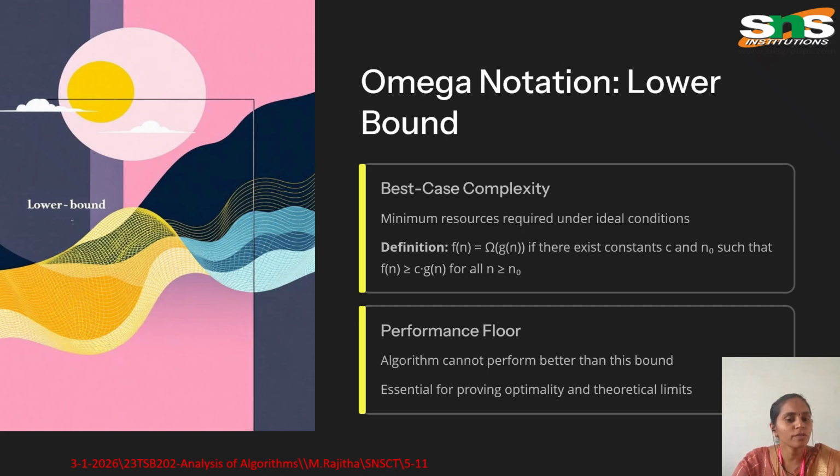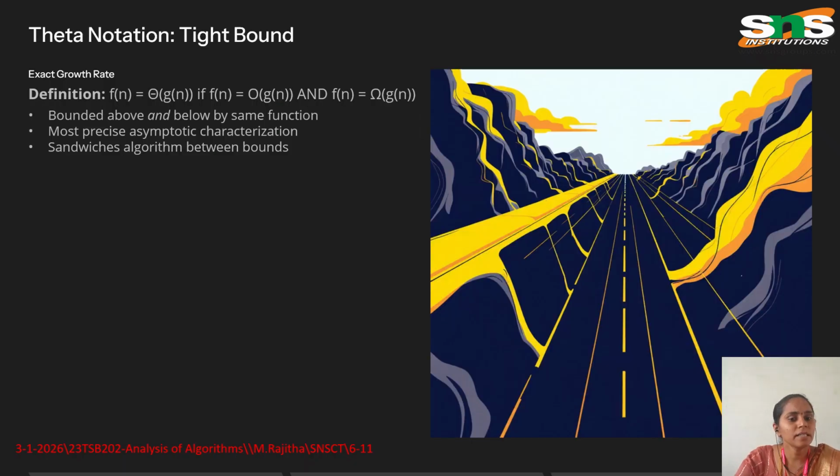Omega is useful for understanding the minimum resource required. It is also important in proving that no algorithm can solve a problem faster than a certain limit. This helps establish theoretical efficiency boundaries.